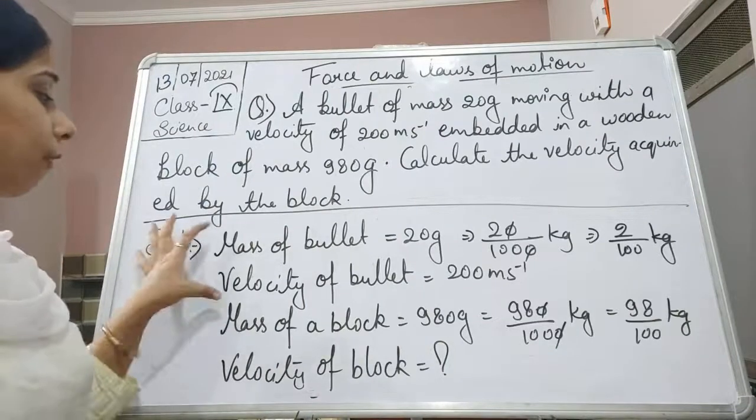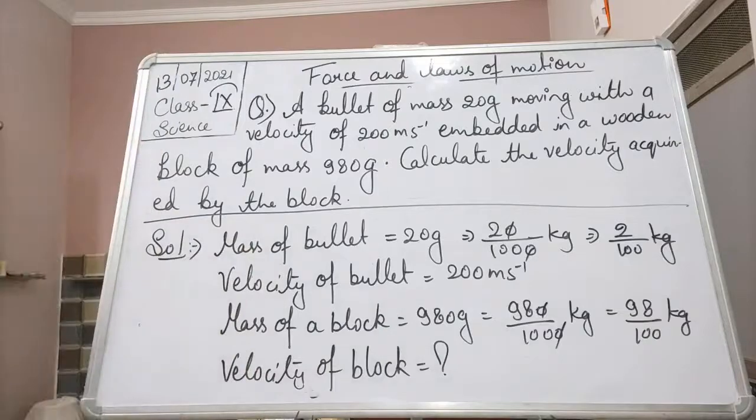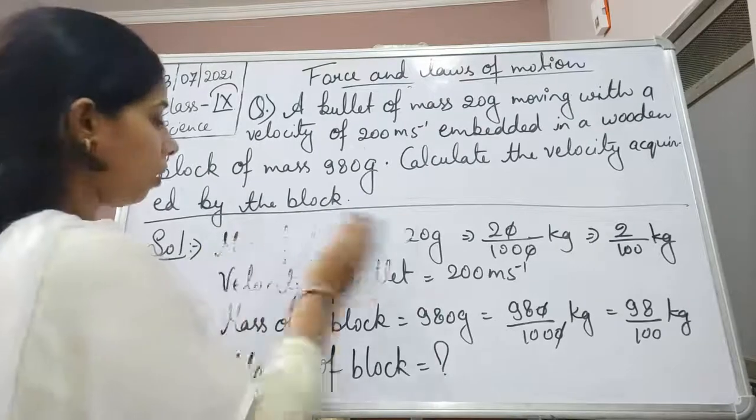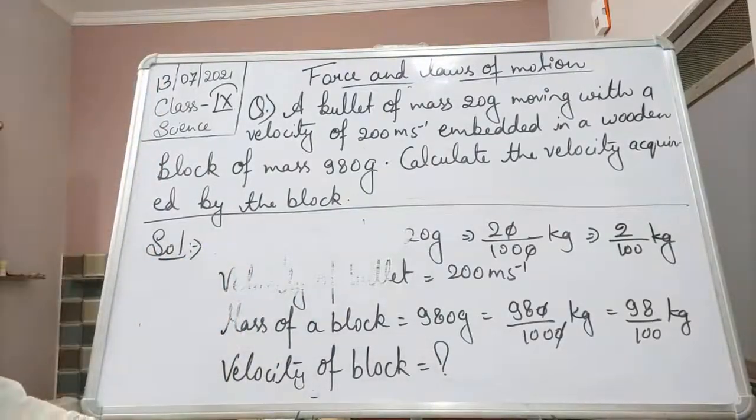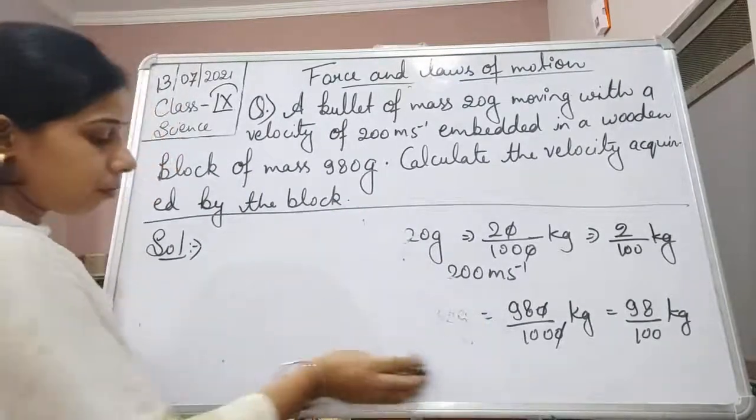So first of all we will find the initial momentum of the bullet and the block.